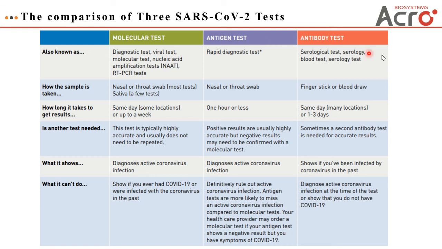The antibody test shows if you have been infected by this virus in the past, and it also gives results very quickly, like the antigen test. However, antibody tests cannot diagnose active infection at the time of the test or show that you do not have COVID-19.